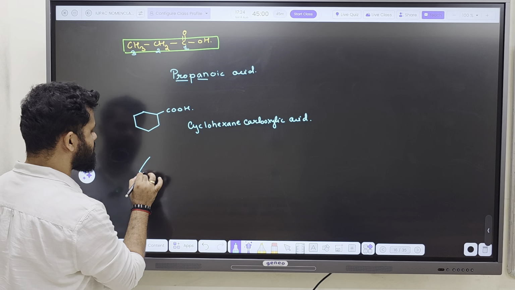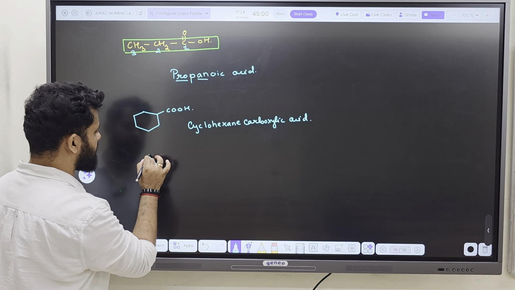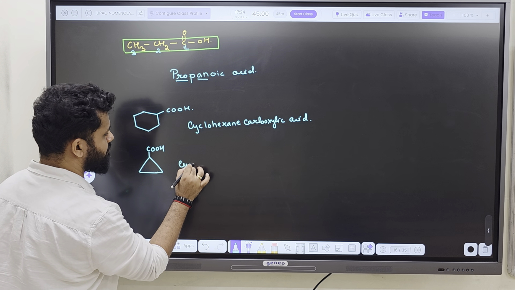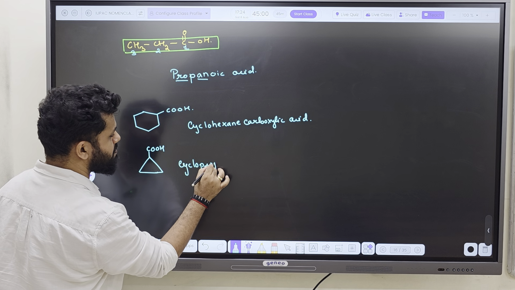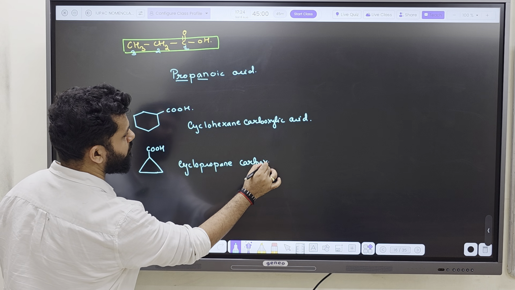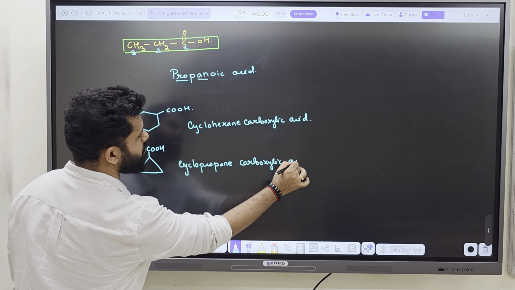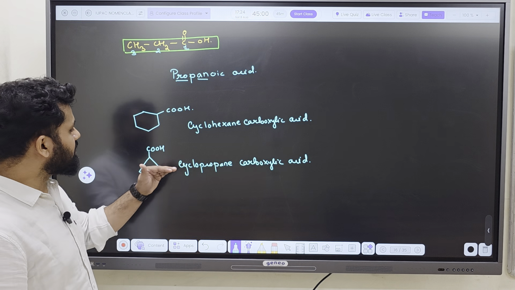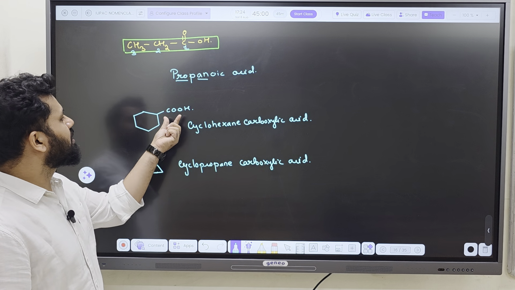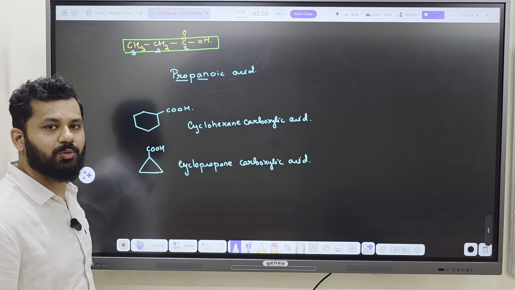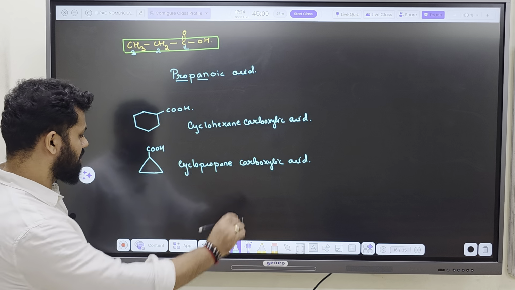Likewise, we could have cyclopropane carboxylic acid. So we use the special suffix when carboxylic acid is directly attached to the ring.